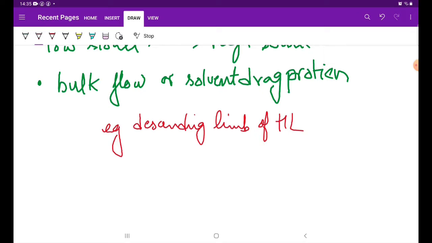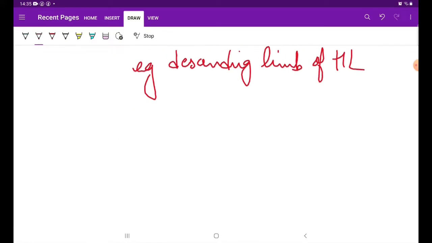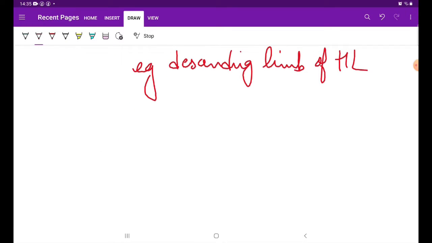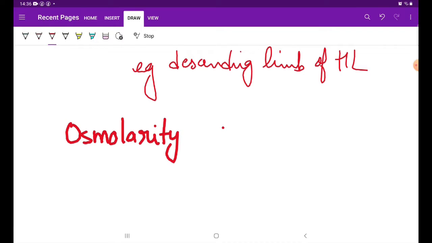Now, as we have taken the topic of osmosis, let us understand the difference between osmolarity and osmolality.